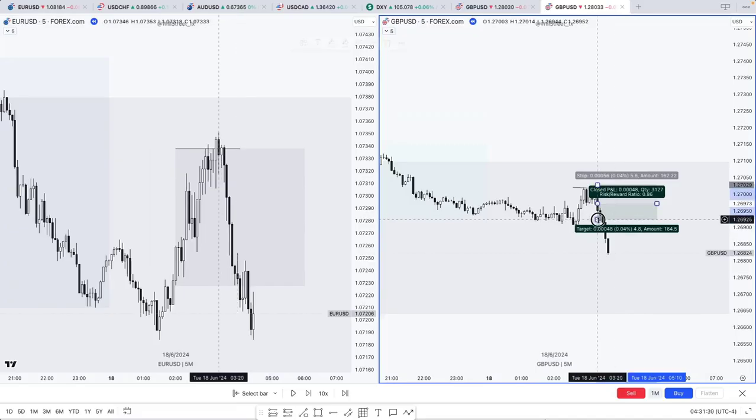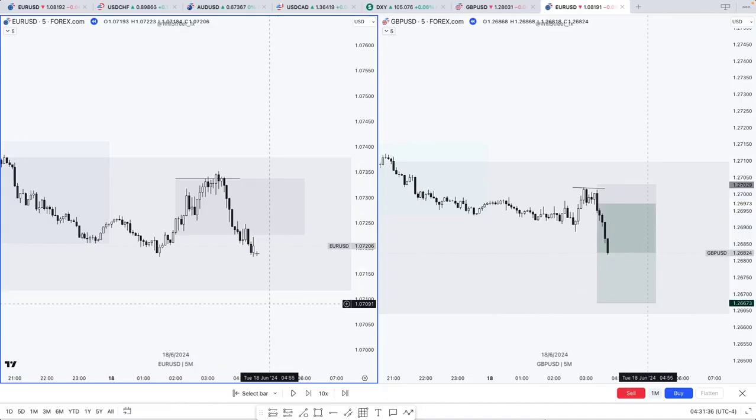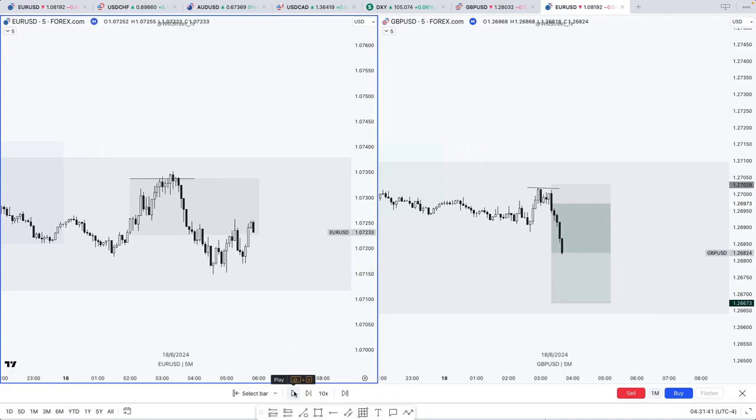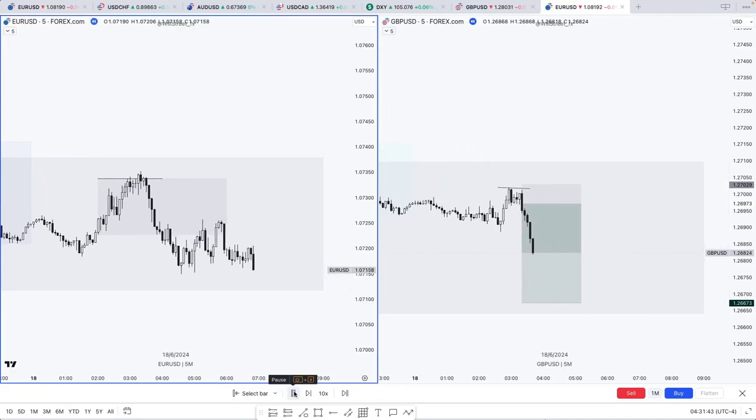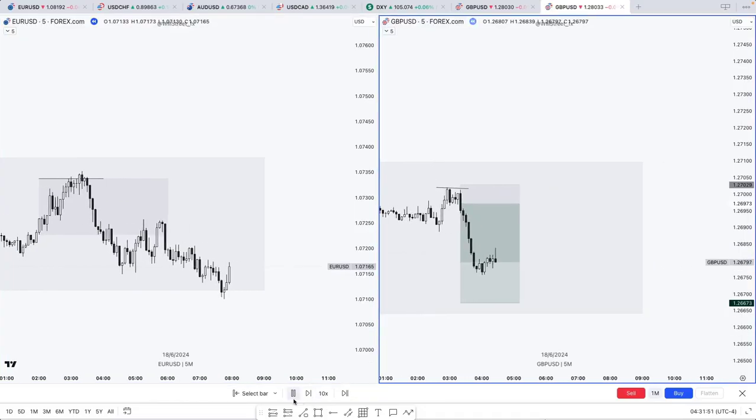So what is the final target? This is more than enough. When DXY takes the, let's see which time here, T40. Let's wait for T40.